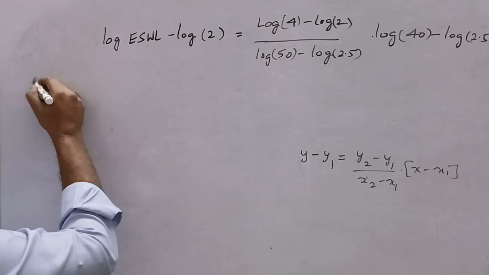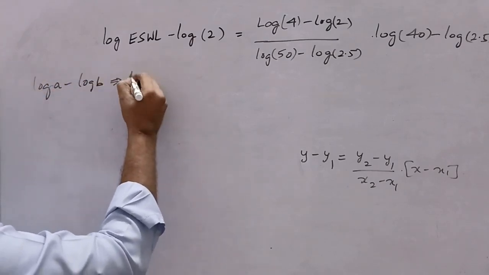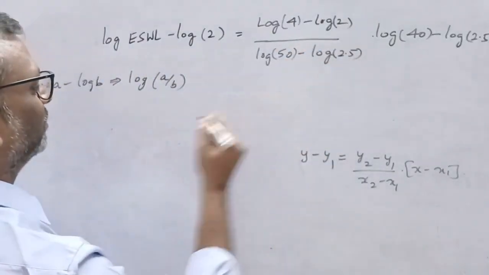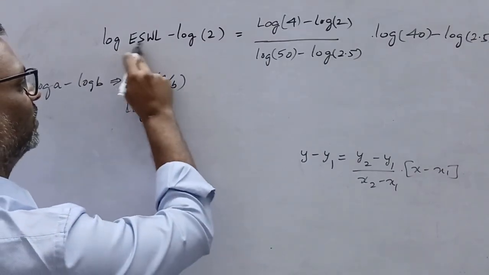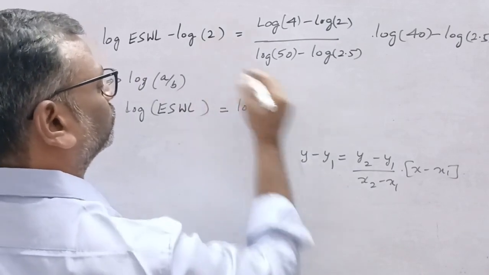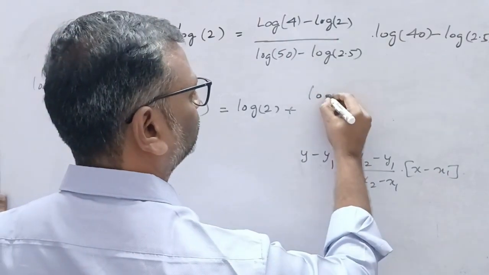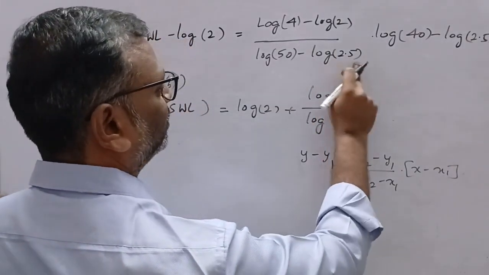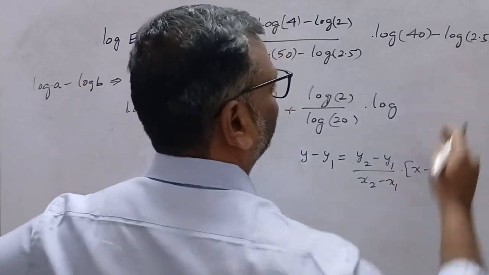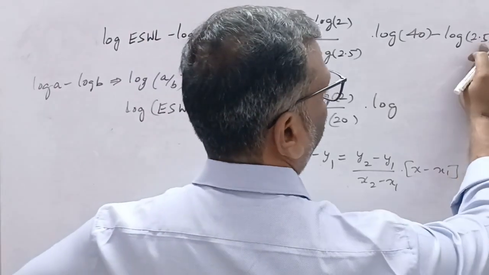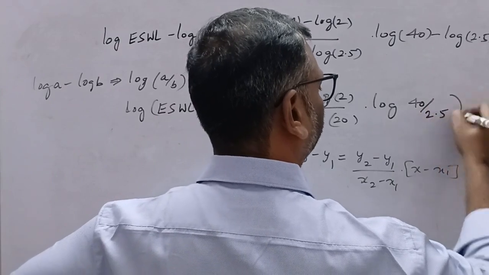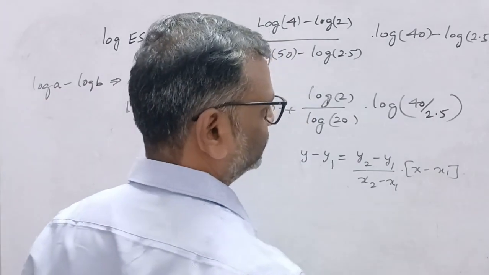We know log A minus log B is log of A by B. Using this concept, this can be simplified as log ESWL at 40 centimeter is equal to log 2 plus log of 4 by 2, that is 2, divided by log of 50 by 2.5, that is 20, into log of 40 by 2.5, that is 16.